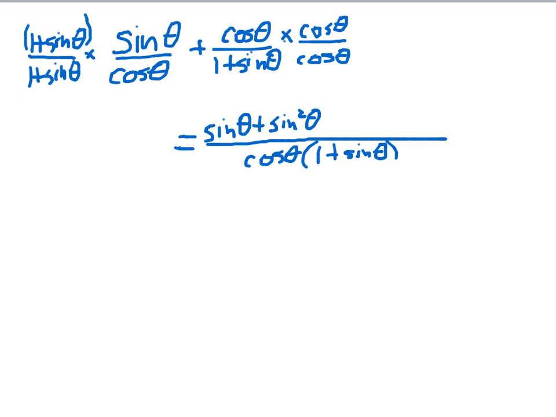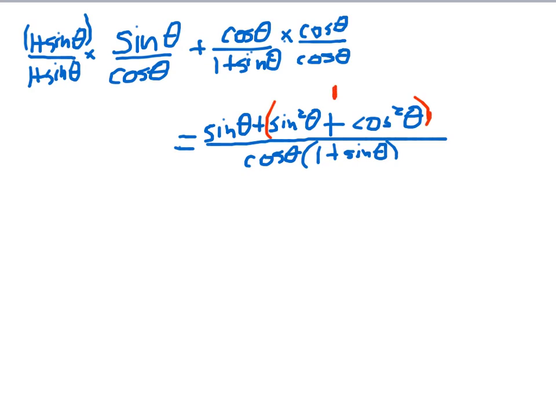Now let's go back up to here. So there's our left side multiplication plus cosine times cosine is cosine squared theta. Now at this point right here, we should recognize, once again, our Pythagorean identity.